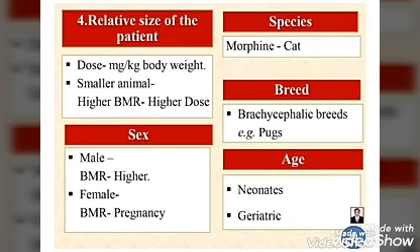Then consider the breed of the animal, which plays a very good role in anesthesia, and certain breeds are very risky regarding anesthesia. An example is the brachycephalic breeds, like bulldogs and pugs. Pug is famous all over the world due to the Hutch advertisement.